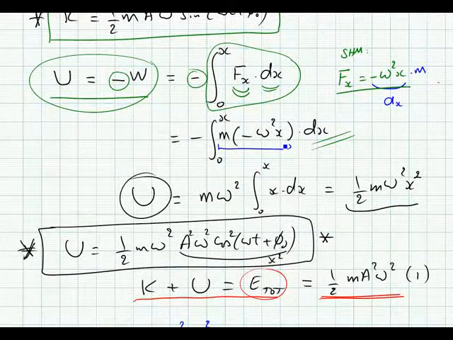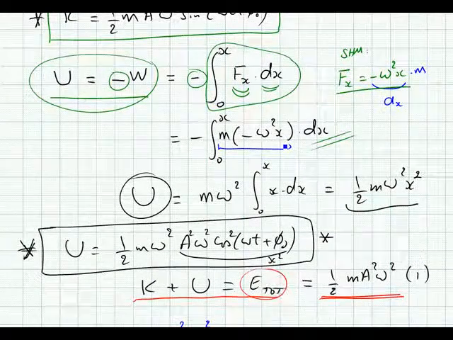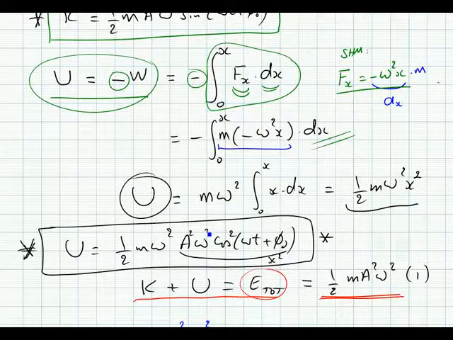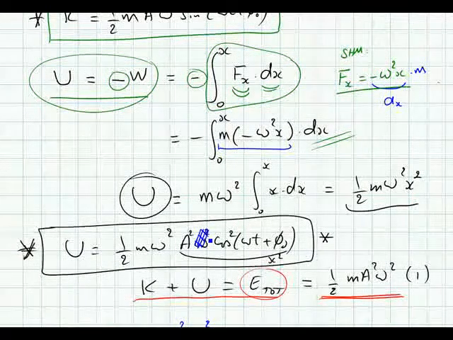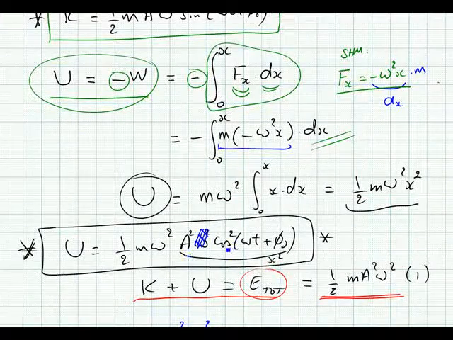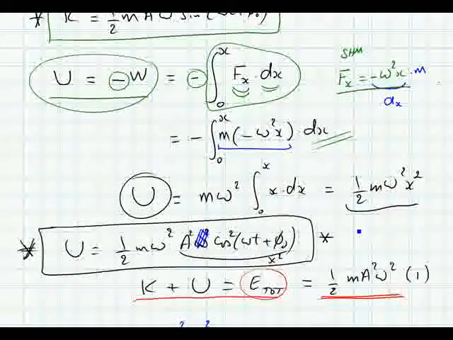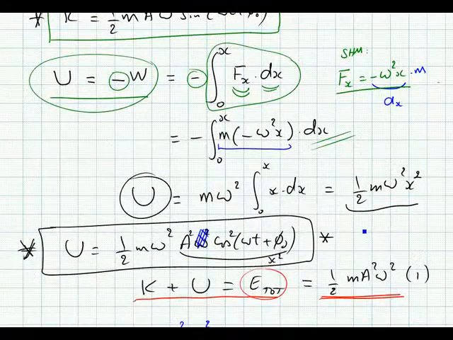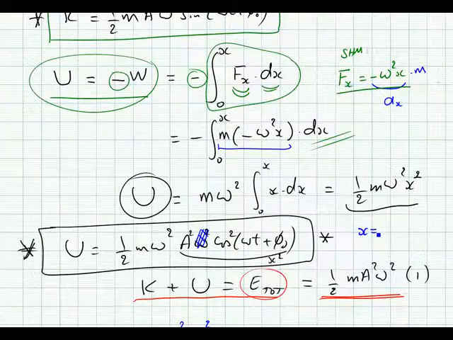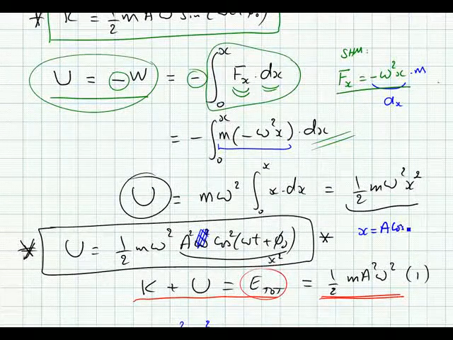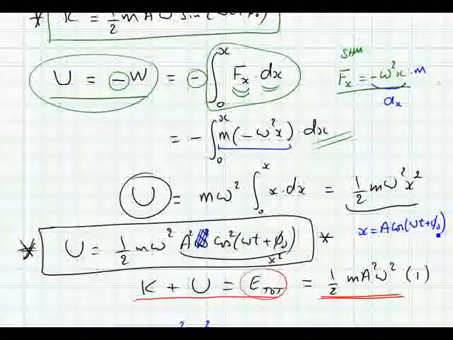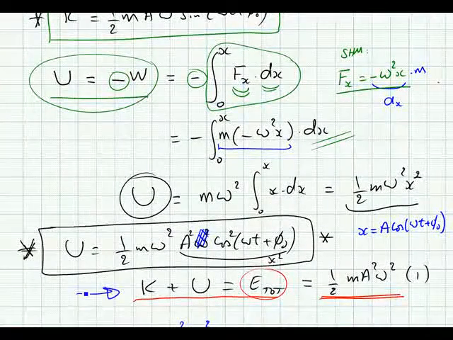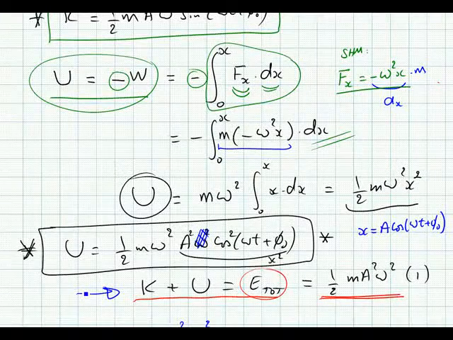And the other thing which caught my eye, that I wanted to double check, is whether I've included too many omega squareds. x squared is A squared cosine squared of omega t plus phi naught, because x is equal to A cosine of omega t plus phi naught. But this is correct, of course.